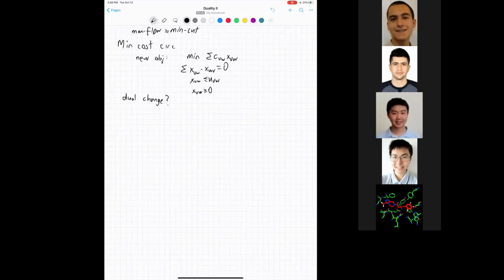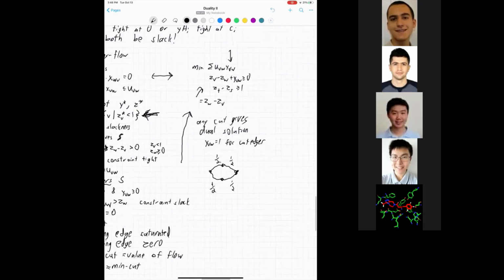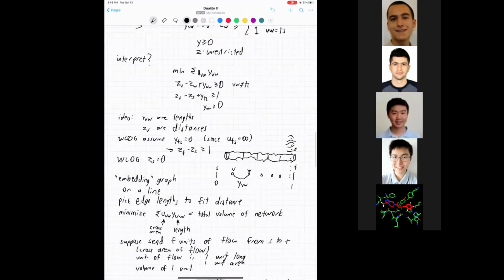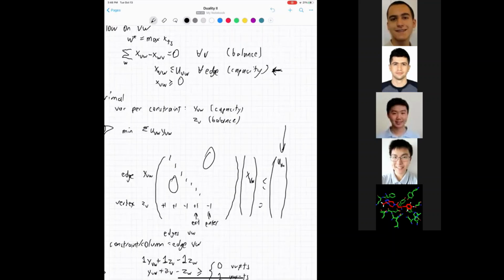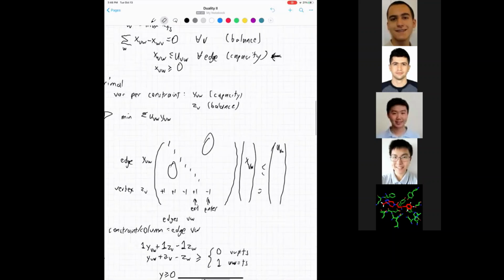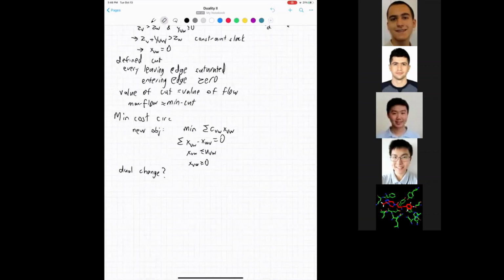Exactly. The point is that it doesn't change the matrix at all. We still have exactly the same shape of matrix. All that changes is the coefficients on the right-hand side of the dual. Remember that the objective function in one linear program becomes the right-hand sides of the constraints in the other linear program. So we only change the right-hand sides of the constraints.